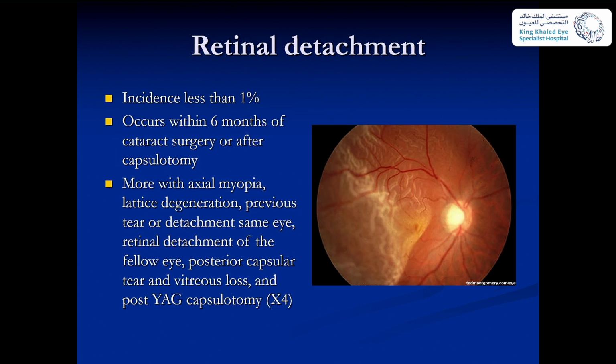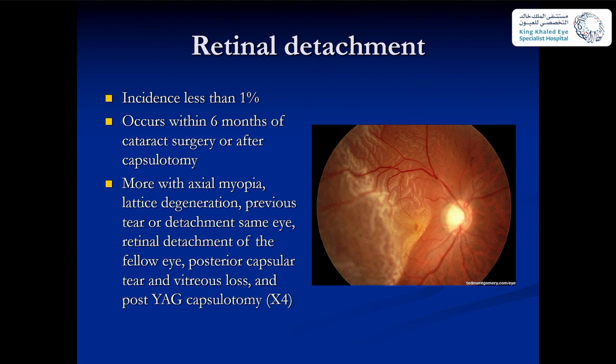Retinal detachment incidence is less than 1%, occurring within 6 months of cataract surgery or after capsulotomy. It can happen even after a simple procedure like capsulotomy. It is more common with axial myopia, lattice degeneration, previous tear or detachment of the same eye, if there is any, retinal detachment of the fellow eye, posterior capsular tear, and vitreous loss, which are all risk factors.